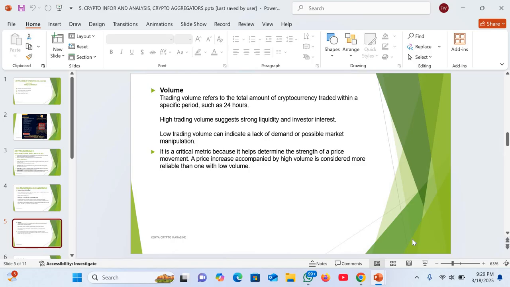And if there is low volumes, you combine that with the price action, definitely you will notice that there is a decrease in prices. So low trading volume can indicate a lack of demand or possible market manipulation.